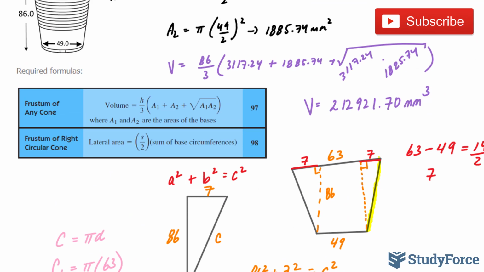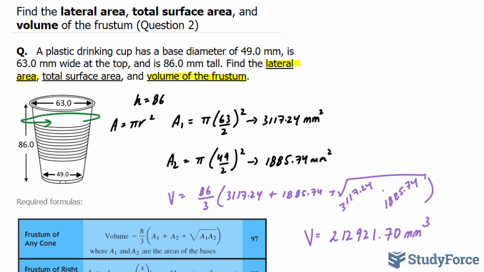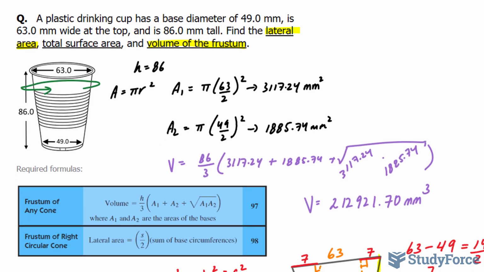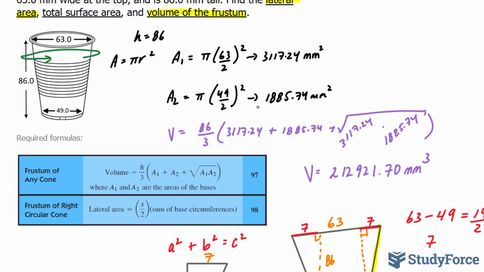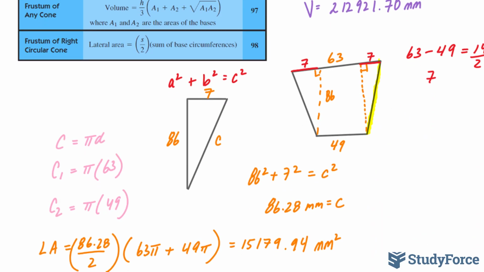This is our volume. Now, all we need to find is the total surface area. Given that this is a cup, this top part will not be included in our total surface area. So we already have the lateral area. All we have to do is find the area of the base, which we already have. We called it A2, and add it to the number that we just found. So I'm going to add 1,885.74 millimeters squared to this.